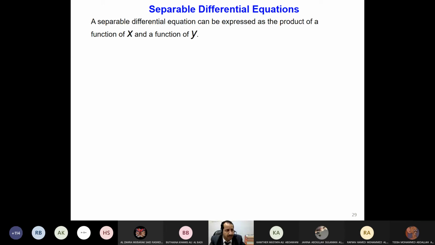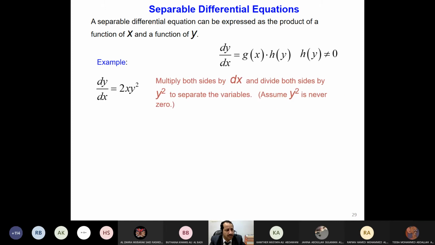Have a look. Separable, from the name, if you see here, dy over dx is equal to an expression containing x and y. The name separable means I will separate x and y. x will be on one side, y will be on the other side. So I want to move this y squared to the other side. I will divide by y squared, as you know.